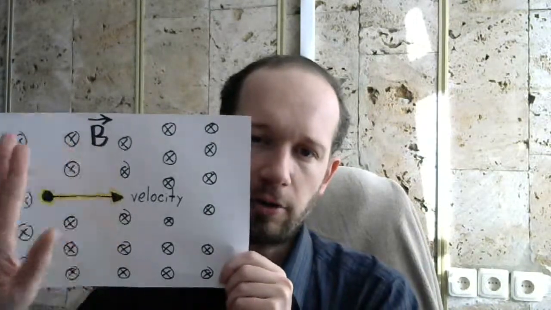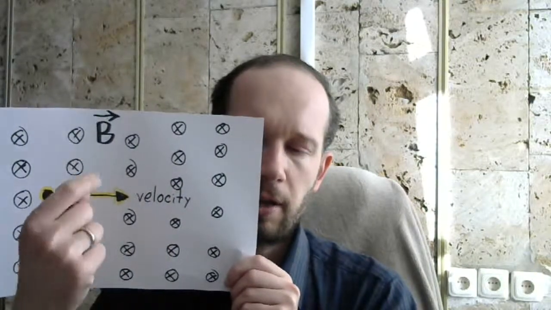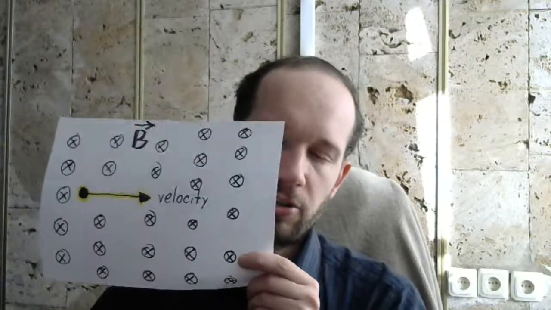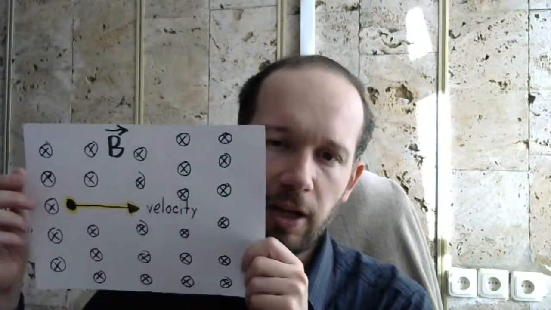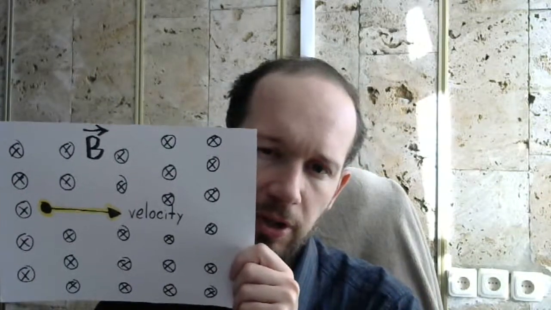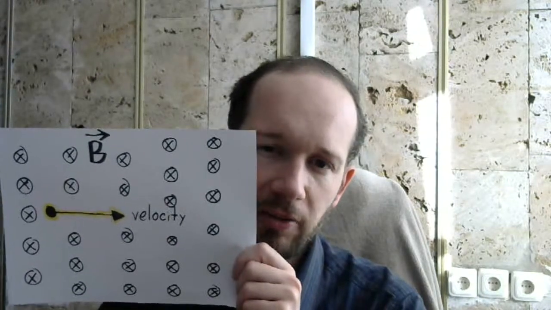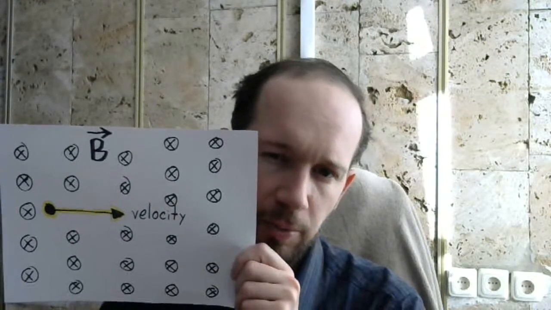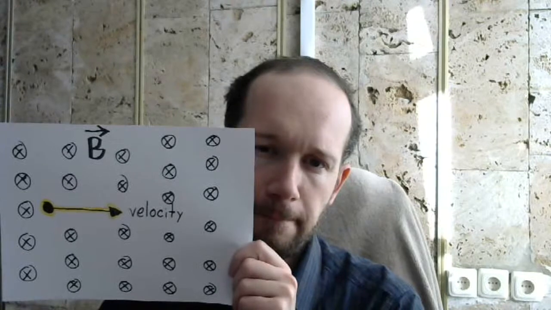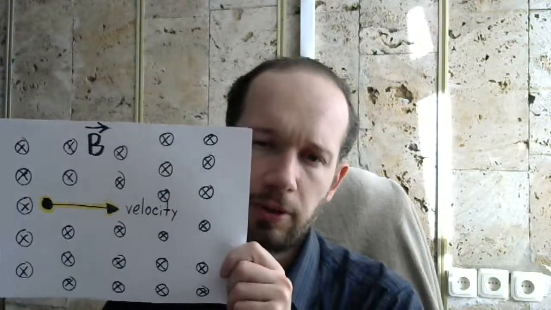If they were coming out of the paper, so towards you right now, it would show a point like that. But since the vectors showing the intensity of the magnetic field are going in, then we show the x's. And you can tell that this is a uniform magnetic field, so the x's are uniformly spaced from each other.